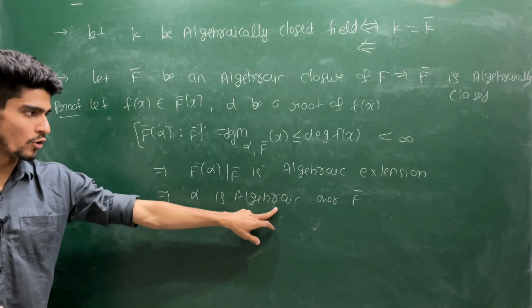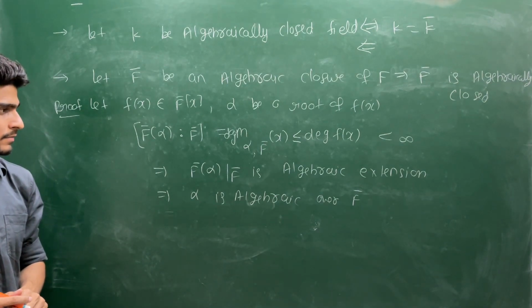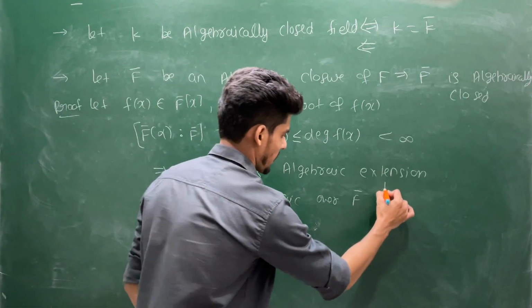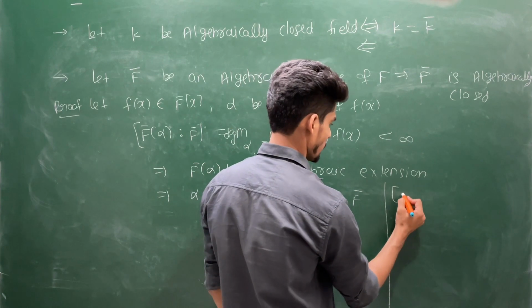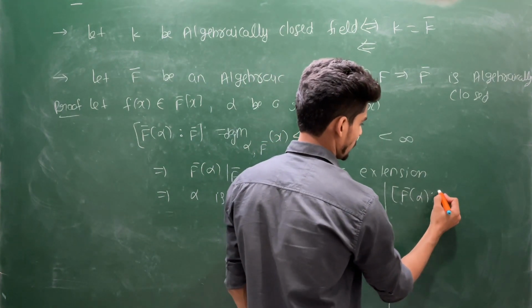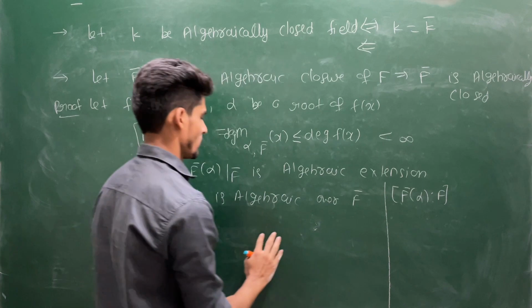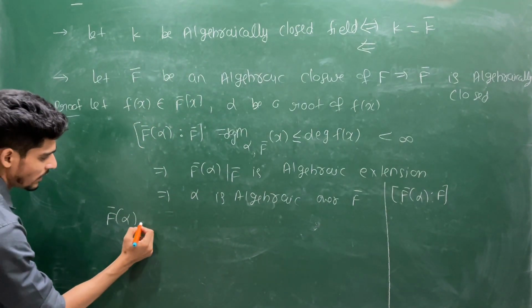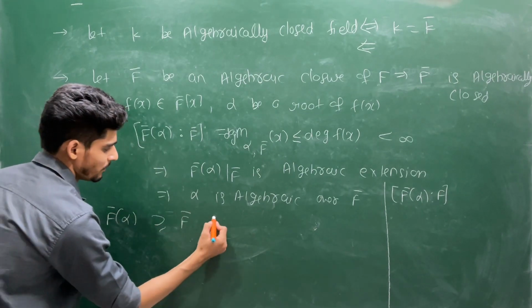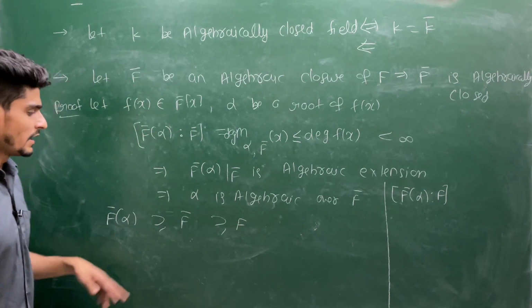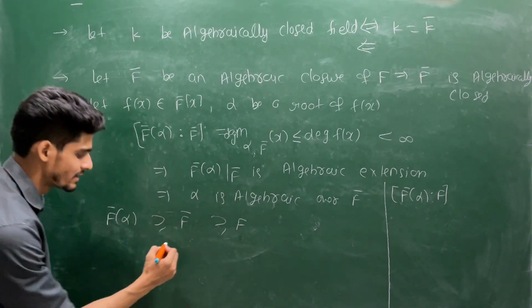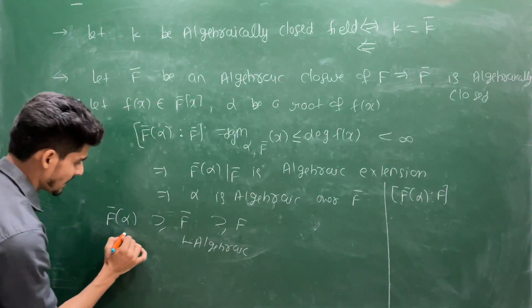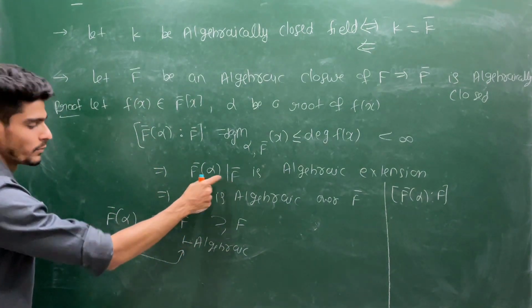So alpha is algebraic over F bar. Okay, wait for a while. If I look for this F bar(alpha) over F, okay, let me use this particular theorem. F bar(alpha) contains F bar contains F. F bar is algebraic over F, so this extension is an algebraic extension. This extension is algebraic, just now we have proved. So this is algebraic.